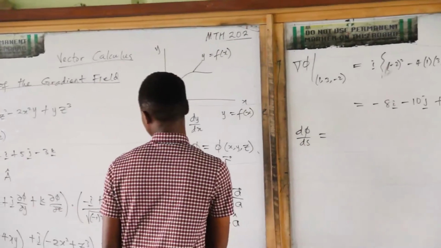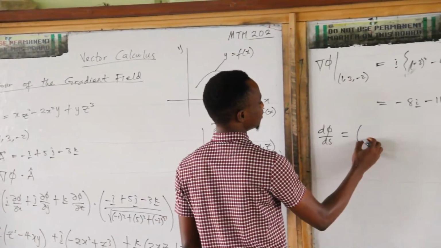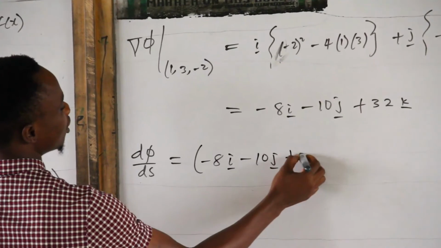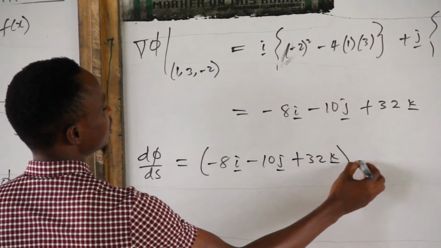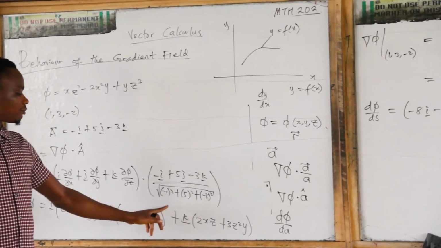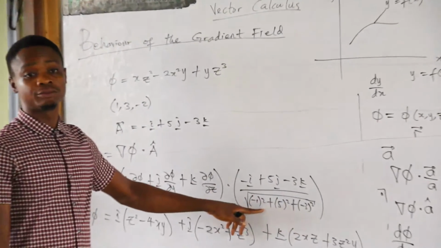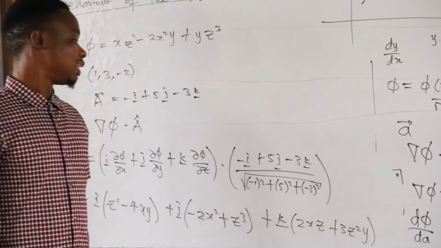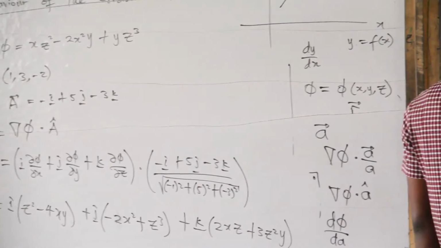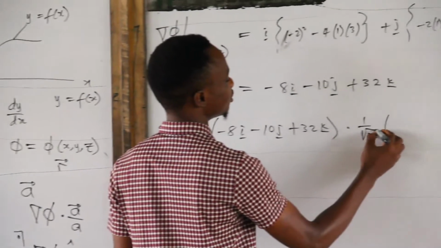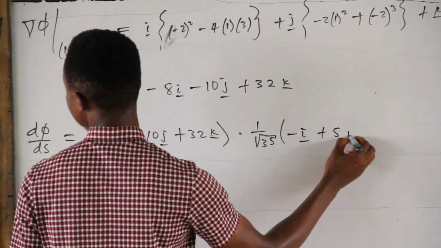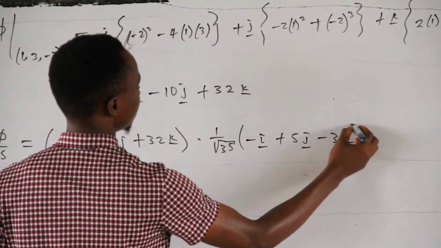So our derivative is -8i -10j +32k dot. What's this denominator? Square root of 35, so this is going to be multiplied by 1 over root 35. Now I can move out that denominator, with -i plus 5j minus 3k.